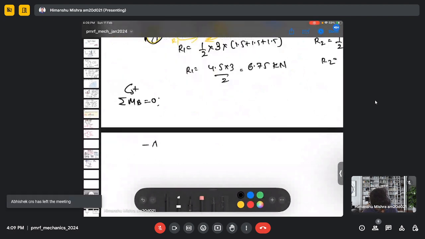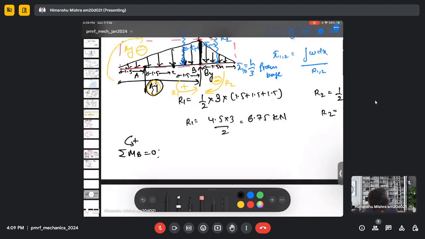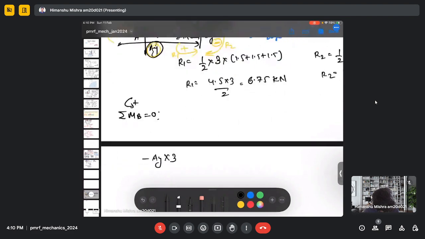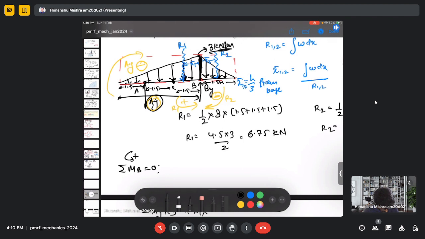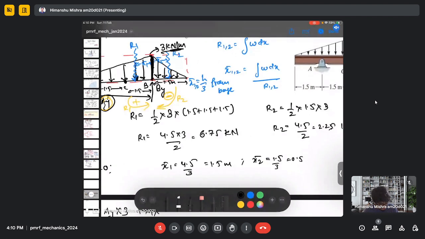So it is minus AY multiplied by 3 plus R1 multiplied by, so my X1 bar will be 4.5 by 3, which is 1.5 meter, and X2 bar will be 1.5 by 3, which is 0.5 meter from the base.